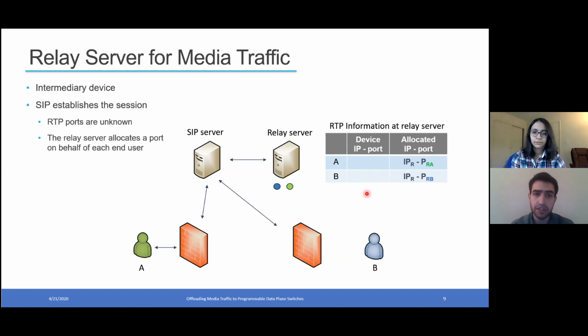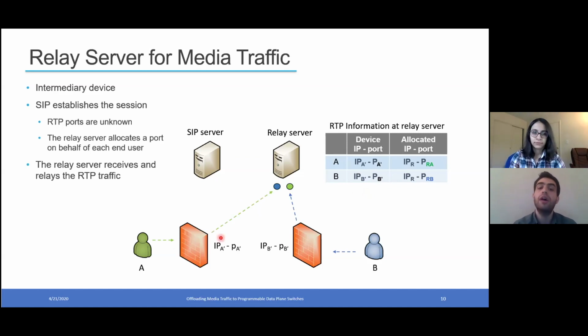Now, the problem is we are establishing the session here, but the relay server doesn't know yet the device IP and port. So as a result, the relay server will have to wait for at least one packet from both sides. And once it receives that packet, it will determine these translated IP addresses and ports, and then this information will be recorded in the table.